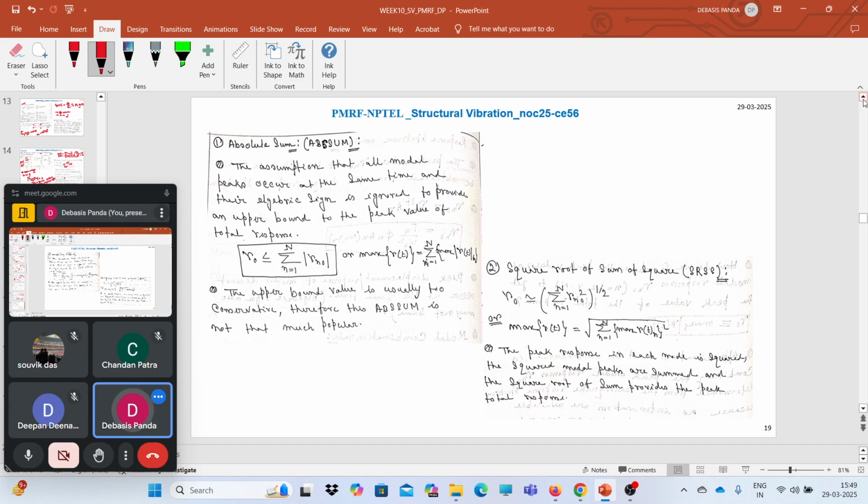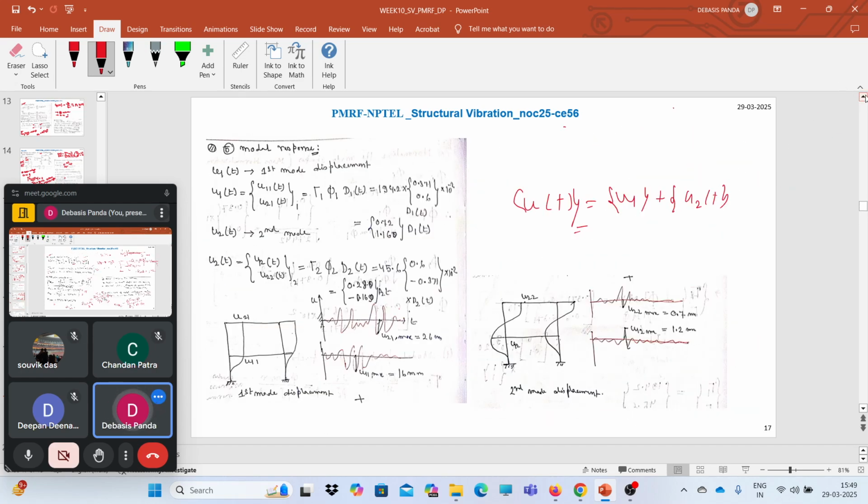This is the response due to the first mode, displacement due to the first mode, and this is displacement due to the second mode.